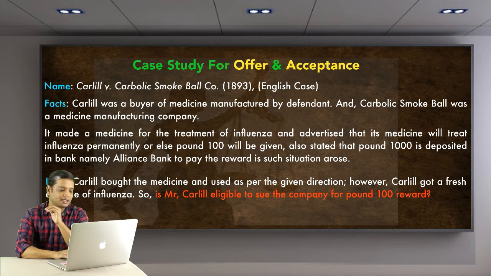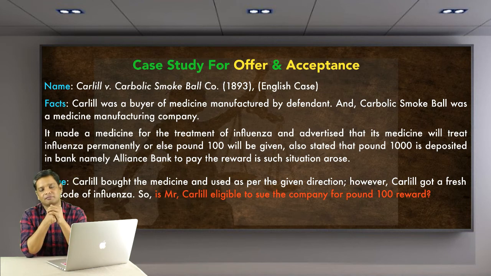Second argument that they made is that this is not an offer, because it is something like general information that was made public and not given particularly to any person. So again, this is not an offer. And the third argument that the Smoke Ball company made in court is that even the person who is claiming, that is the plaintiff, didn't accept it.